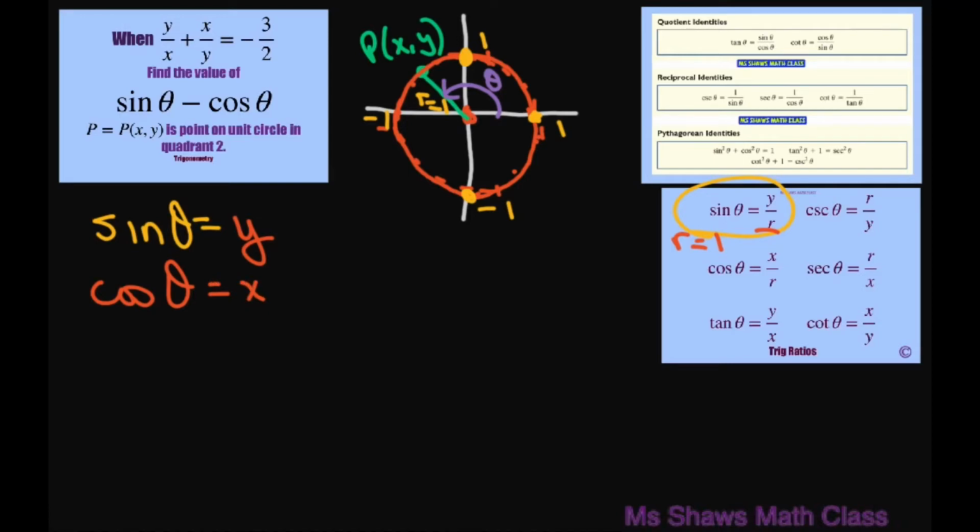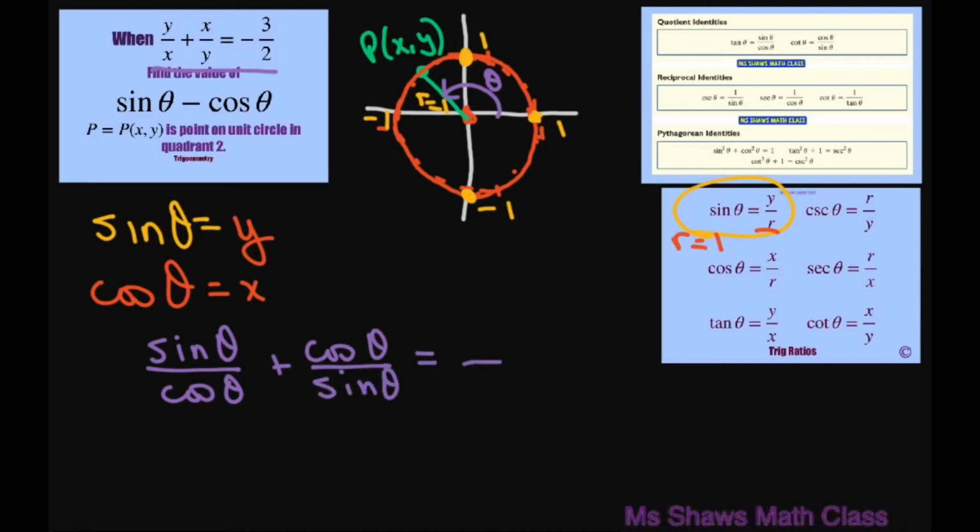So let's go ahead and substitute this in for our values. So we're going to have sine of theta divided by cosine of theta plus cosine of theta divided by sine of theta. Now getting the common denominator, I'll put sine first.